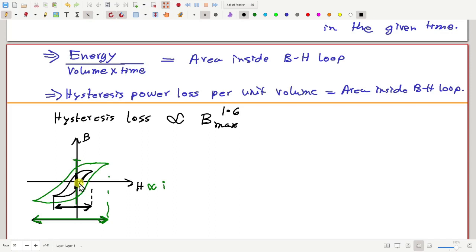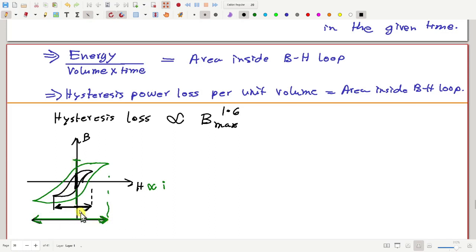No, because of the saturation phenomenon, even if we increase current, the flux cannot increase that much. Flux increases by a smaller extent. So the height of this graph will not be twice if the width of this graph becomes twice.